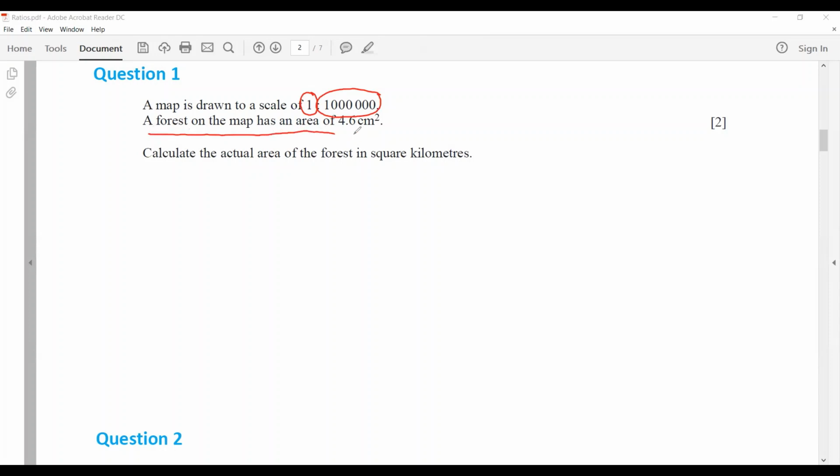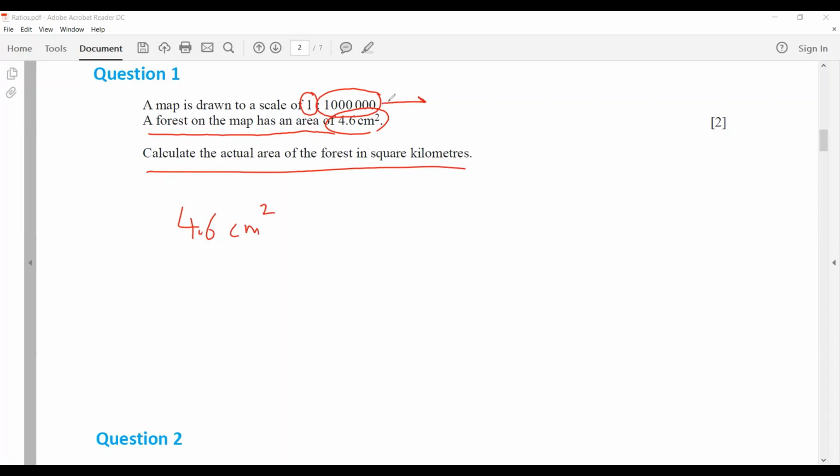The area is 4.6 centimeters square. Calculate the actual area and give your answer in square kilometers. All right, let's write that down. 4.6 cm square, right?